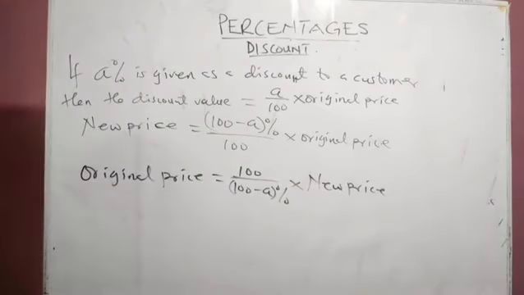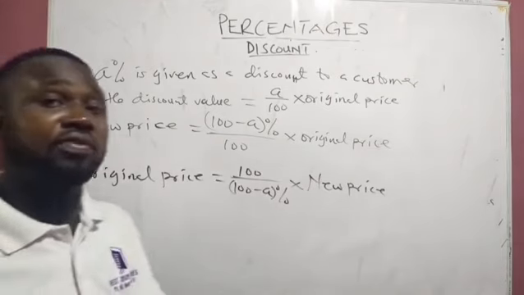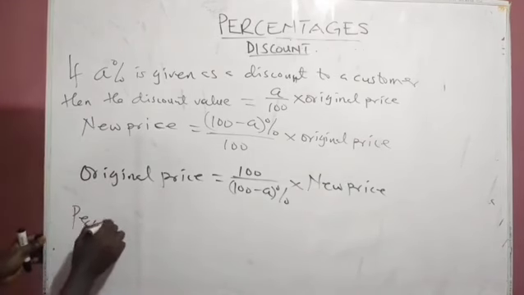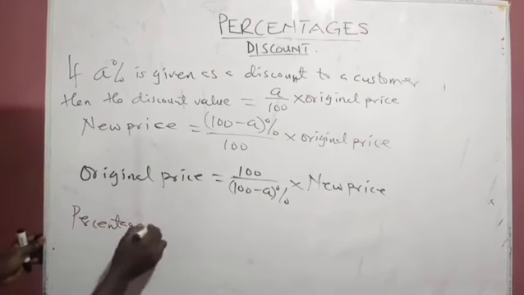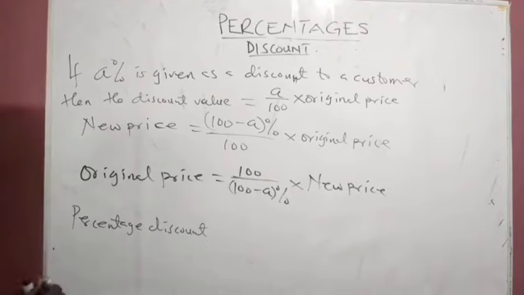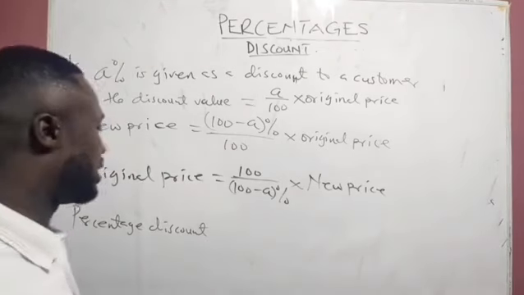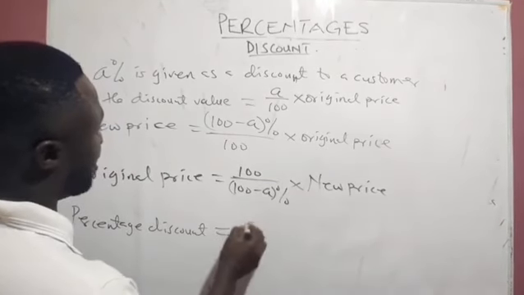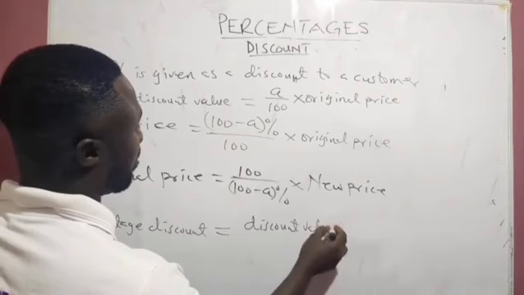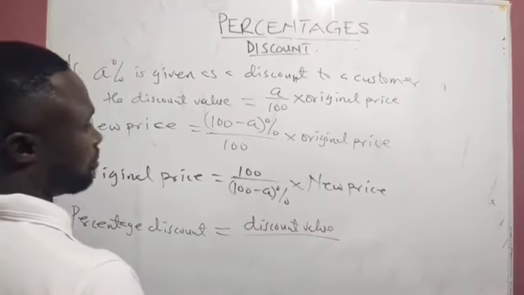Alright. Then also, I can be asked to calculate the percentage discount. Sometimes the person can ask you to calculate for the percentage discount. What is the percentage discount? It is the discount value divided by what?